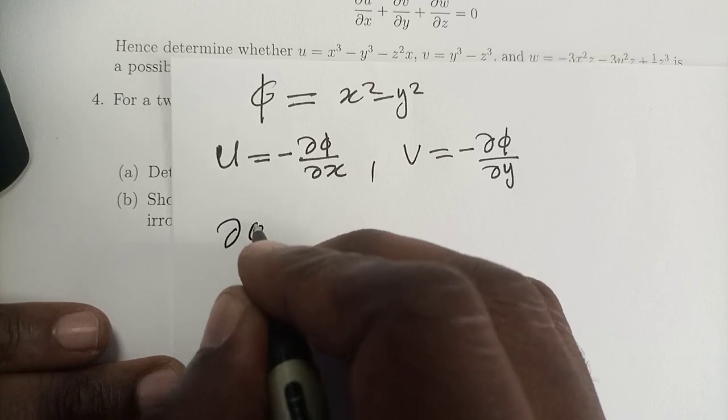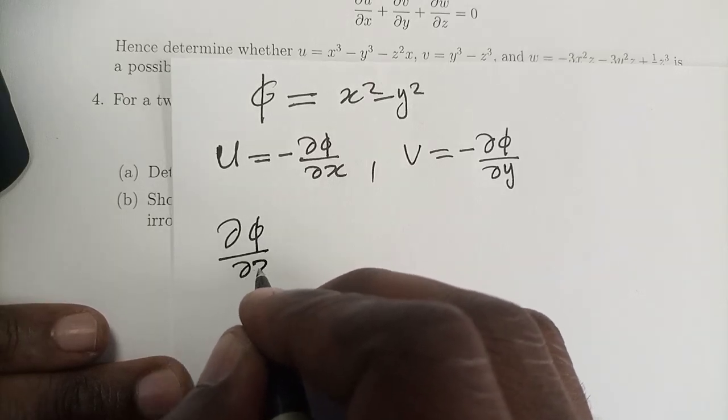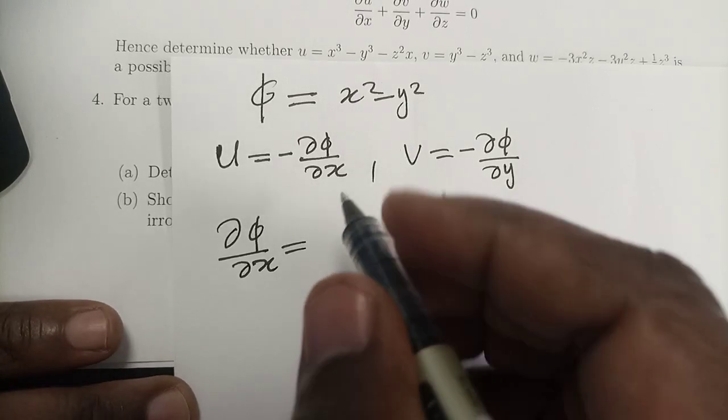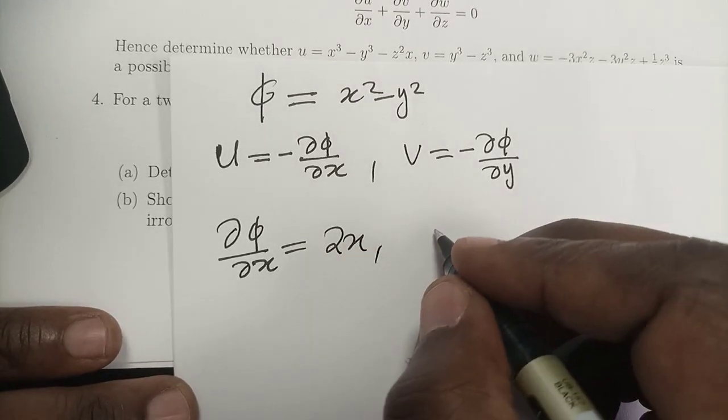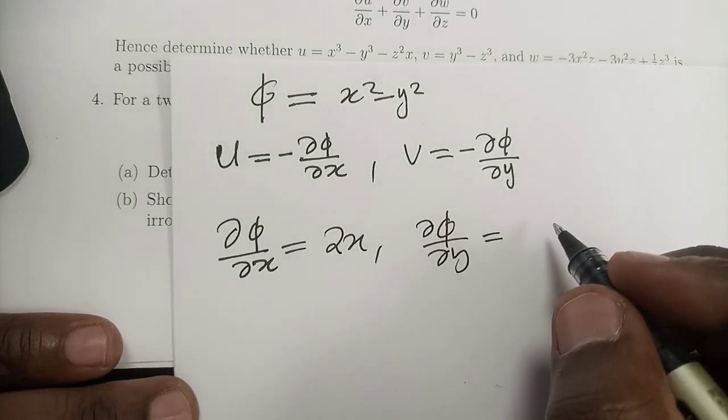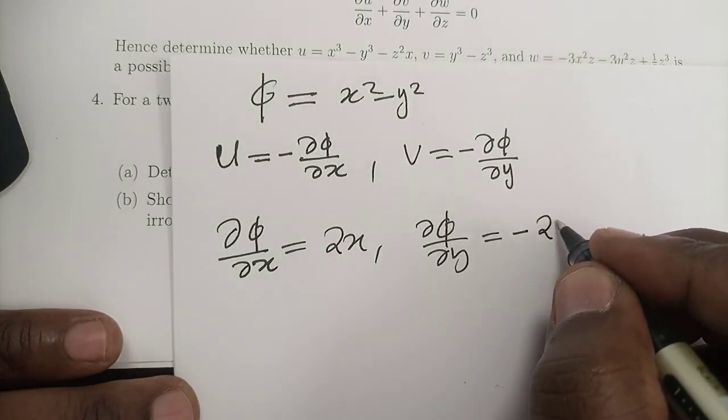So find now the partial derivative of this velocity potential function. So you're going to obtain 2x, and if you do the same thing with respect to y, you're going to get a minus 2y.